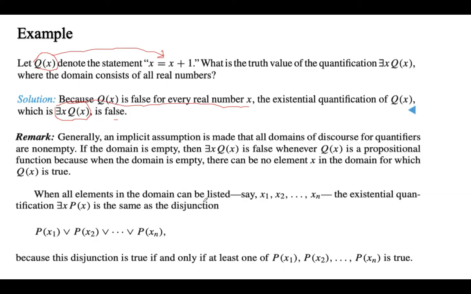When all elements in the domain can be listed, say x1, x2, up to xn, the existential quantification is the same as the disjunction. If any of these statements is true, then the whole statement is true, because the disjunction P(x1) or P(x2) or ... or P(xn) is true if and only if at least one of them is true.